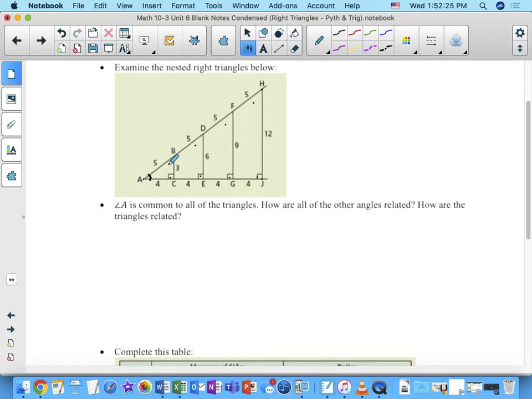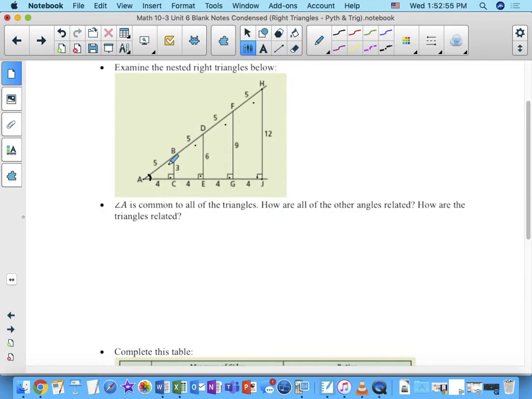All of the angles have to add up to 180. So 90 plus 40 is what? 130. Okay, we got to get to 180. How much is left? 50. Is that going to be true for this triangle? That it has to be 50? 40, 90, does that have to be 50?